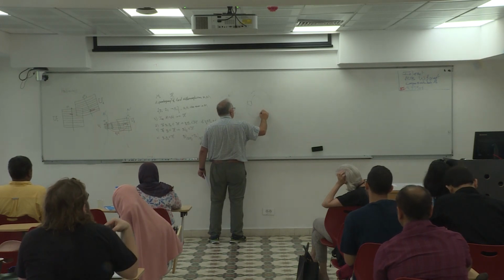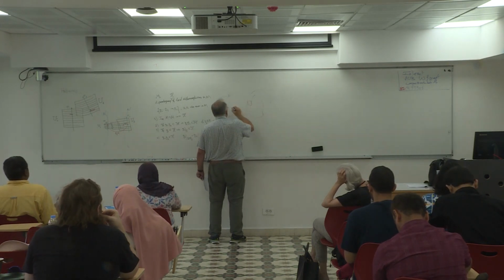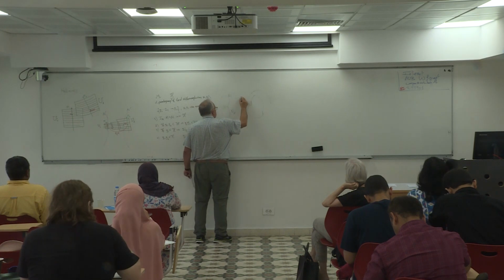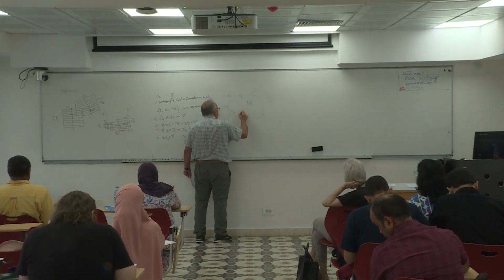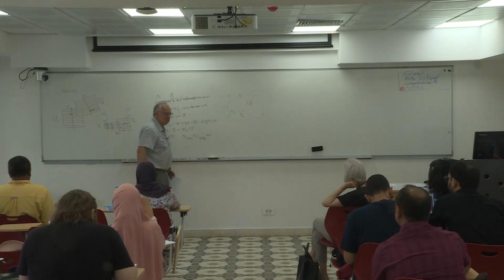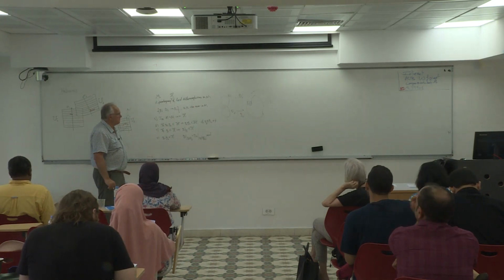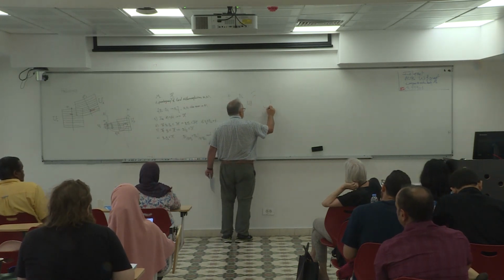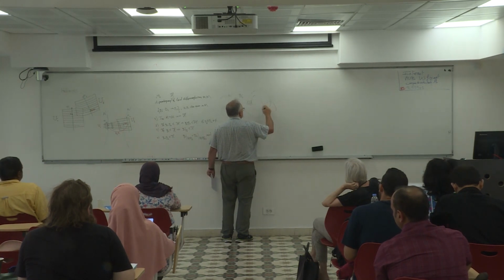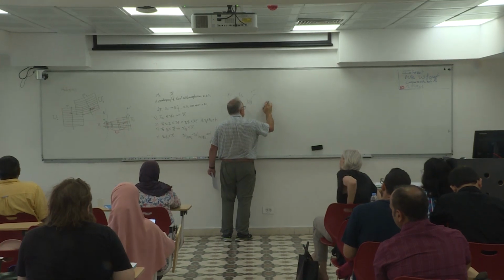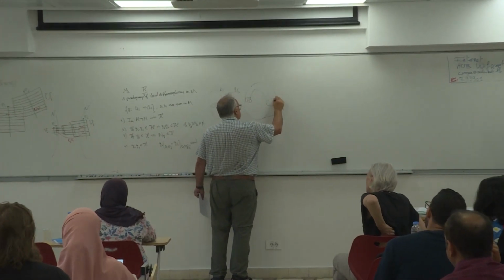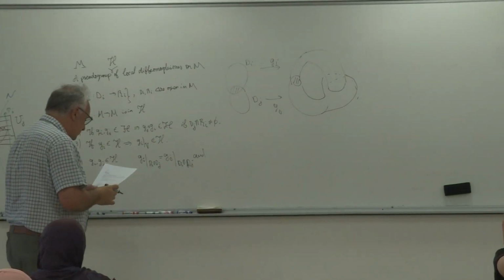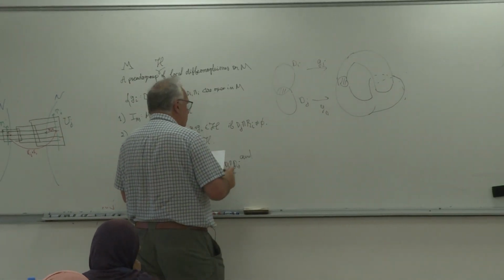We require that our diffeomorphisms agree on this intersection. But there is one unpleasant thing, that this image might intersect itself. I'm a very bad artist. So the condition would be that this does not happen.